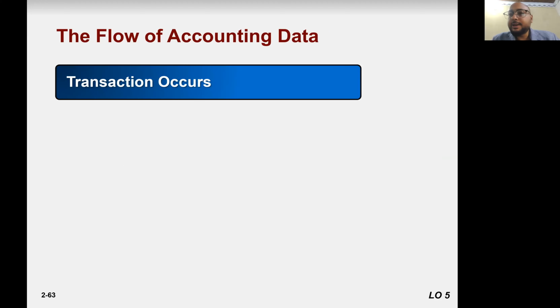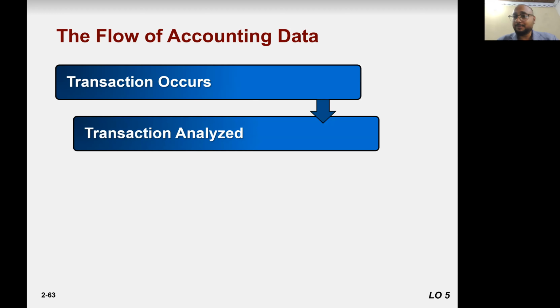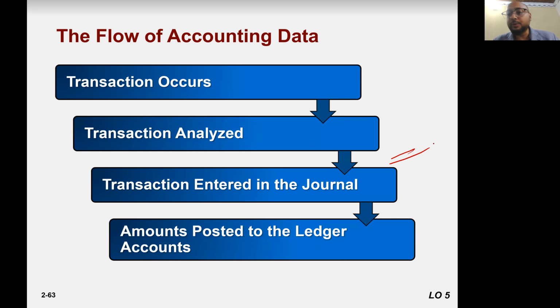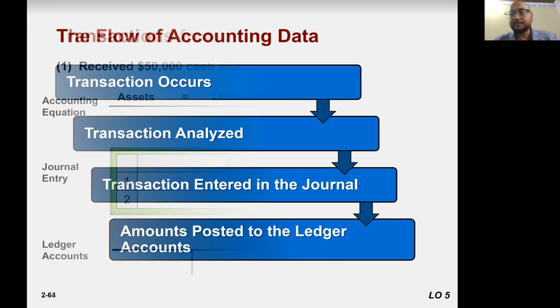Now the flow of accounting data. How does accounting data flow? Number 1, a transaction occurs. Then you analyze the transaction, which means which accounts, at least two accounts. There are going to be more accounts as well, but at least 2. And then you make a journal entry and then you post to the ledger.